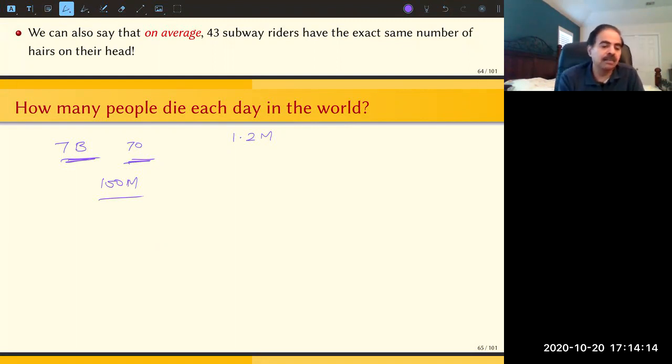So that tells you that while this number makes a significant difference to the 100 million, it is not something that increases the death rate so much.